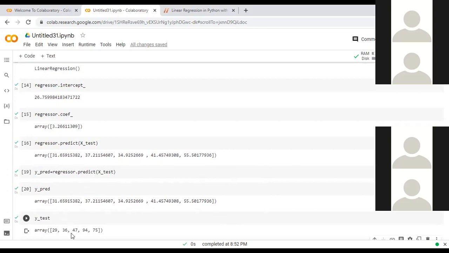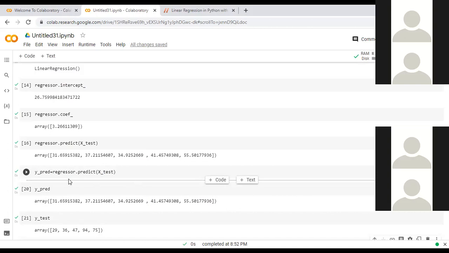So these are my predicted values, and these are the actual values, that is the target values, and these are all the predicted values of the model, right? Now I want to evaluate the model.